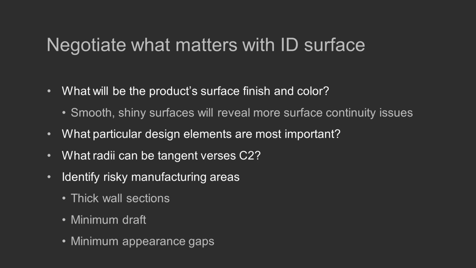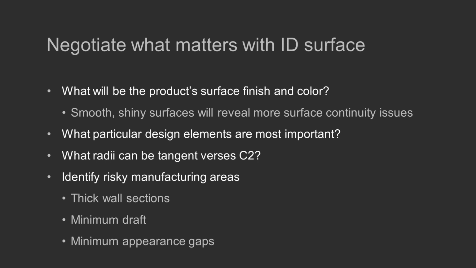If the product is more of a matte finish or a texture finish, on a Mold-Tech 11000, 10, 20, or 30, then it's not so much of an issue, and you can probably execute your design with just tangent continuity between your surfaces. But you might have a mix of both, so you just need to negotiate with the designer what areas are going to be affected by that given their finish.